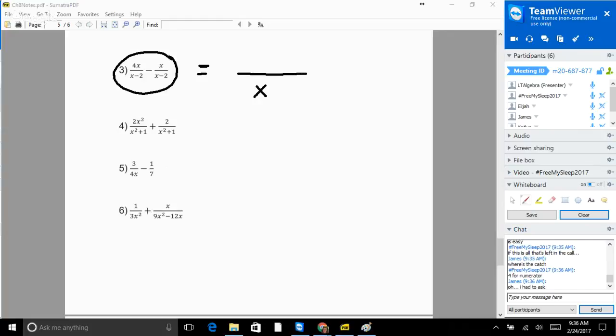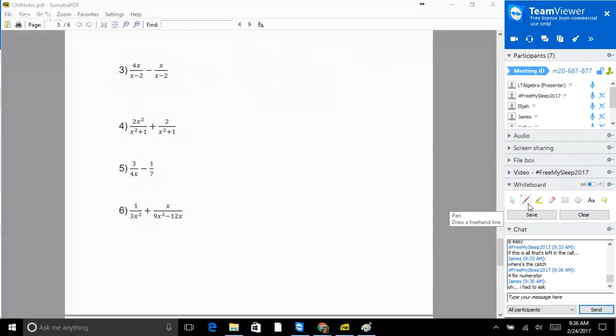So same denominator, right? x minus 2. And then across the top, I have 4x minus x. I could pull out x. Oh, duh. I could just rewrite this as 3x.